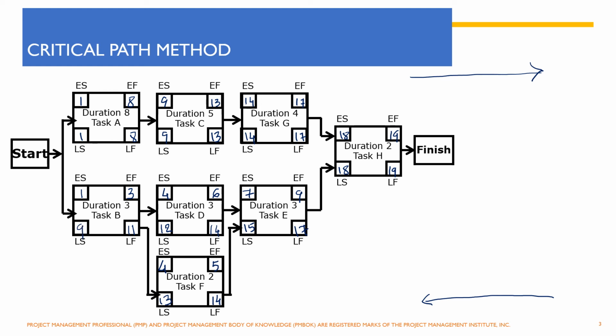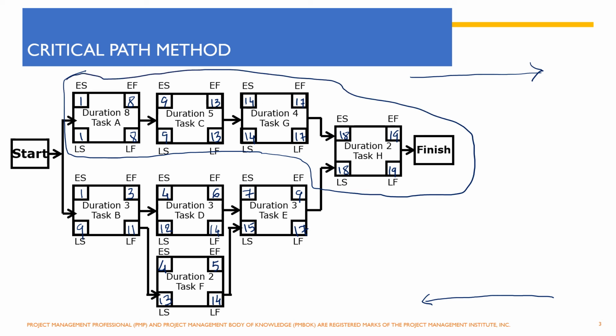Now here few interesting things have happened. For these activities, activity A, C, G and H, there is no difference between early start date and late start date, or early finish date and late finish date. They are same.